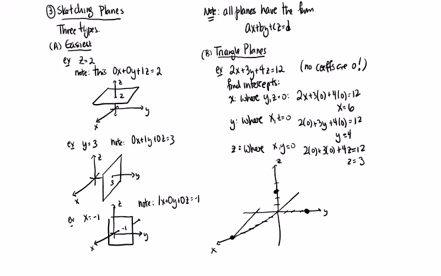Now, this triangle is not the whole plane. This triangle is just a piece of the plane. The plane extends out from this triangle in all directions. It's actually fairly hard to visualize. But usually drawing this triangle is good enough, right?